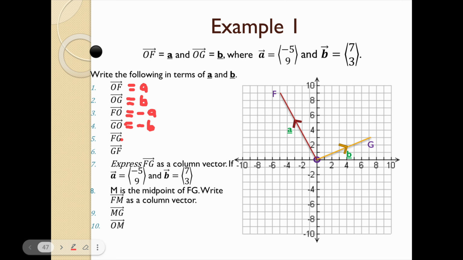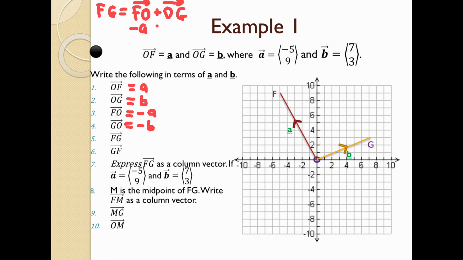Now let's look at FG. Usually to get from F to G, in this case, we're going F to O, then O to G. So I can say that FG is equal to F to O plus O to G. So F to O is minus A. And what is OG?